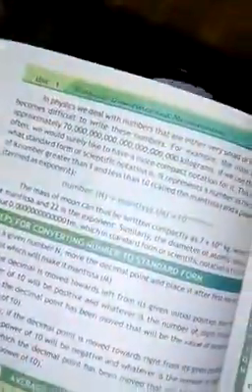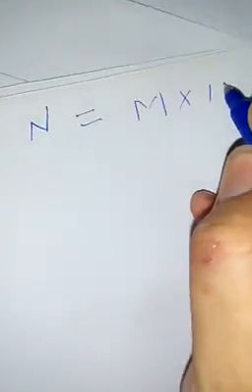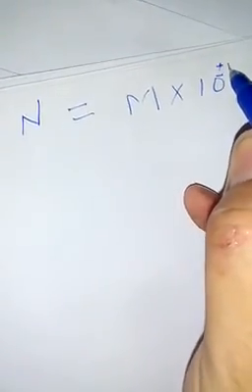The general form of scientific form or standard form, in terms of power of 10, can be written as n, which is the scientific notation or the standard form of a measured value, and that is equal to m × 10 power plus or minus small n.